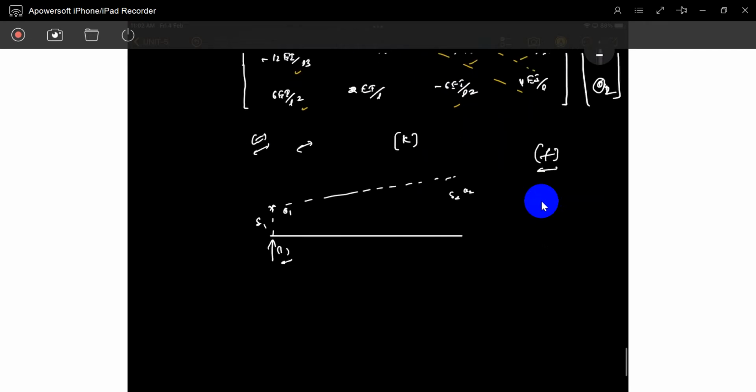Sir, how can? If you restrict others, if you give a unit force here, if you restrict the deformation here also, you will get like this. You will get L cube by 3EI here. Slope is L square by 2EI here.